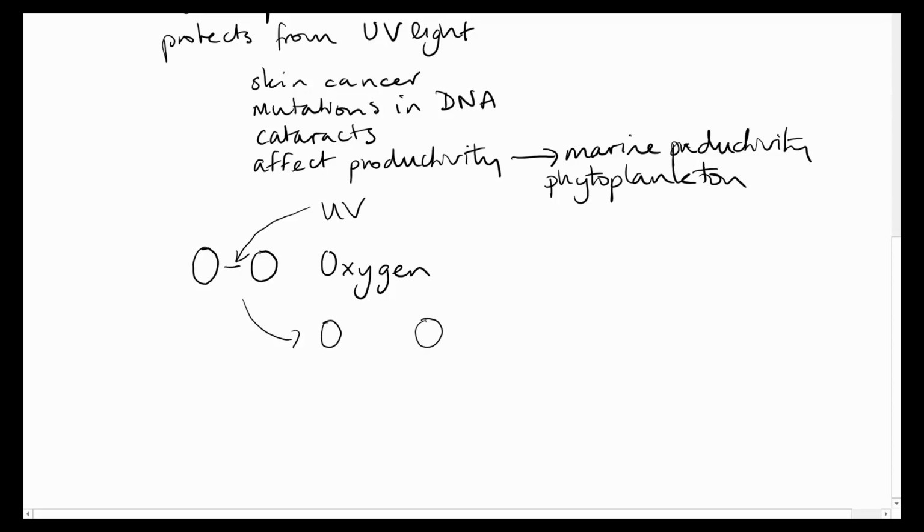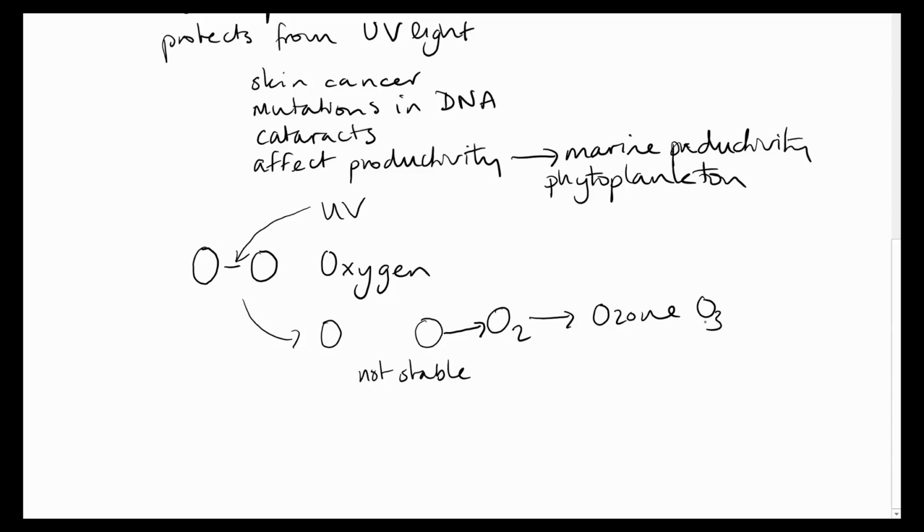But oxygen isn't meant to be separated like that. It's not very stable. And so what happens is that when the oxygen atom meets another oxygen molecule, it forms ozone, O3.